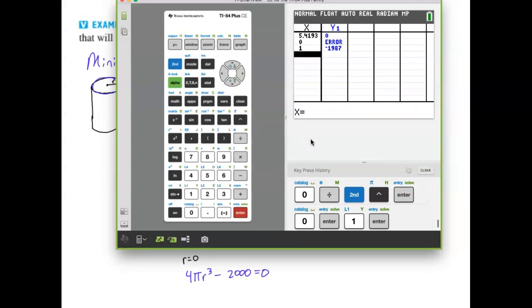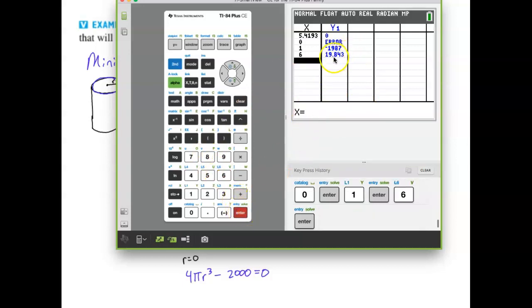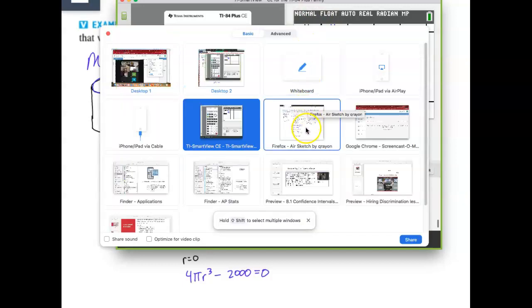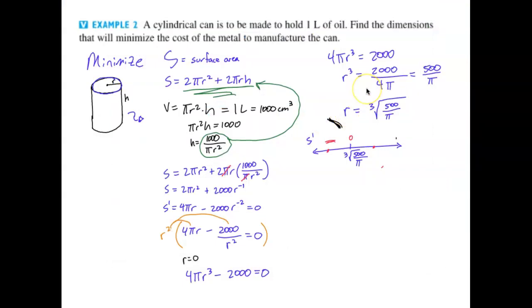Yeah. And the derivative is positive there. So my original function is doing what? Increasing. Positive derivative, meaning original function must be increasing.